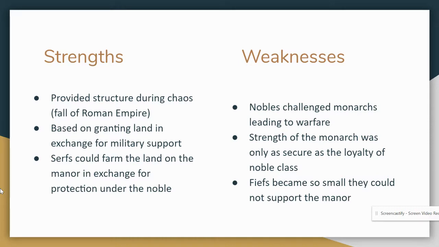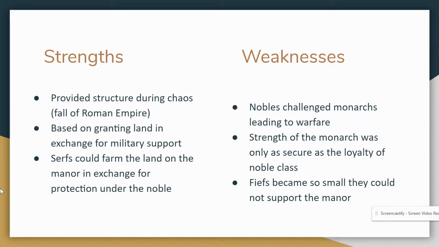But there are also significant weaknesses that we're going to identify. The first one being that the nobles could challenge the monarchs, and that would lead to warfare. The strength of the monarch was only as secure as the loyalty of the noble class.